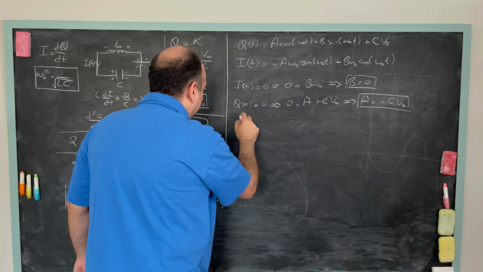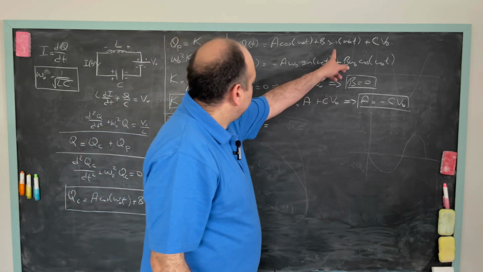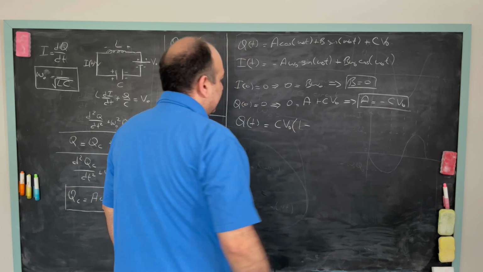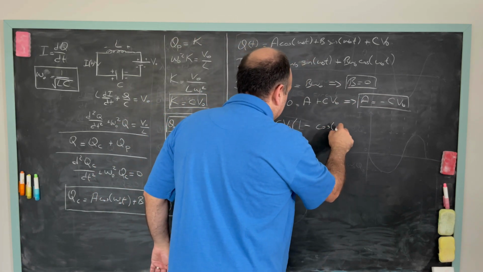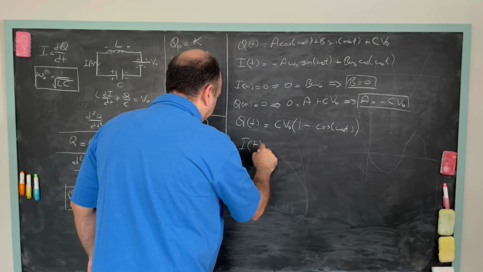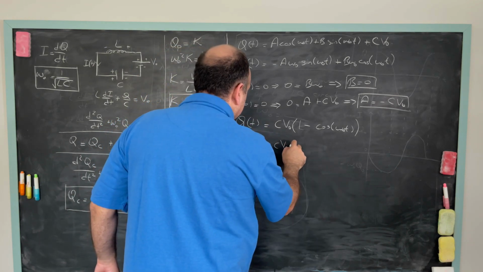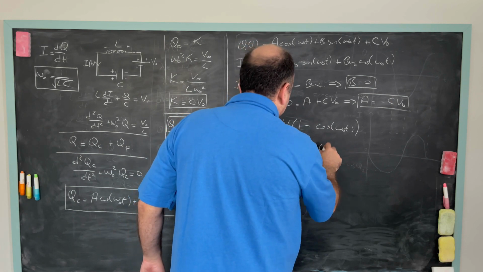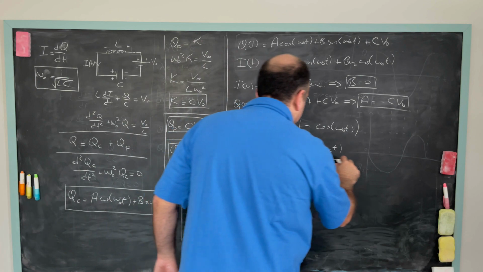So the solution for Q is equal to C times V naught times parentheses 1 minus cosine omega naught t. And the current in the circuit is equal to C V naught omega naught sine omega naught t. So these are the solutions.